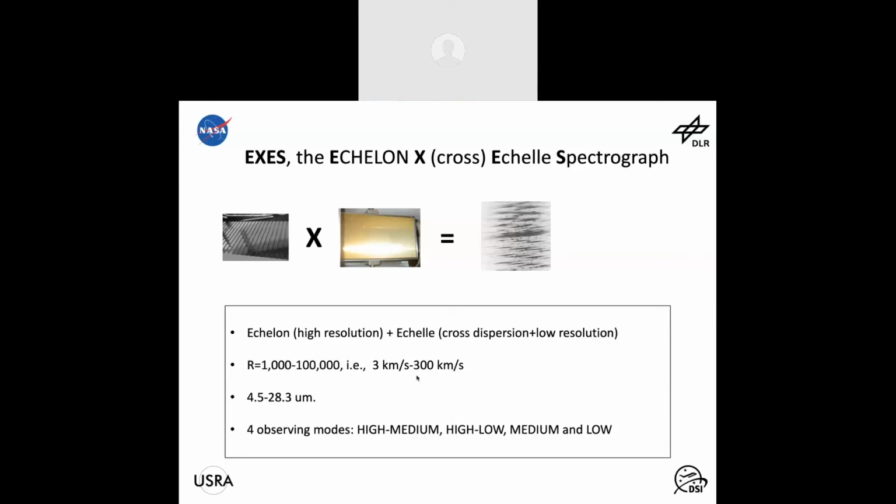So it is a cross-dispersed spectrometer primarily. The grating shown in the top left corner is a 40-inch long aluminum reflection grating. This is the echelon grating that's responsible for all the high resolution capabilities of EXES. Then it gets cross-dispersed with another reflection grating that can be rotated, that we call the echelle grating.